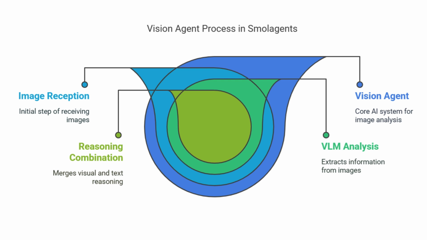The process typically works in 3 steps. 1. The agent receives an image, either uploaded by a user or retrieved from the web. 2. The VLM analyzes the image and extracts relevant information. 3. The agent combines visual and text-based reasoning to generate a response.